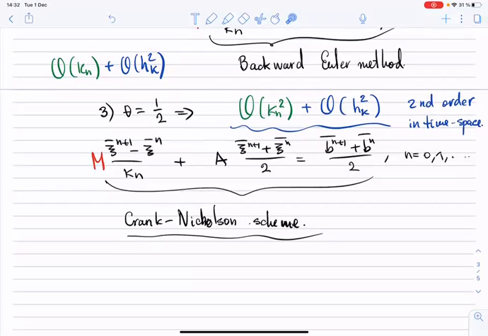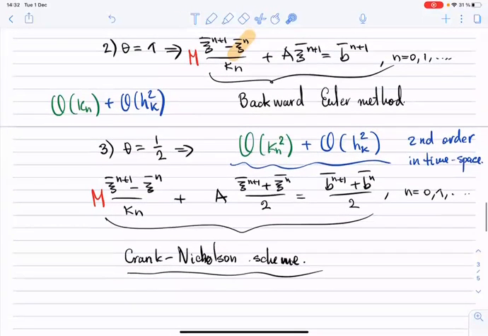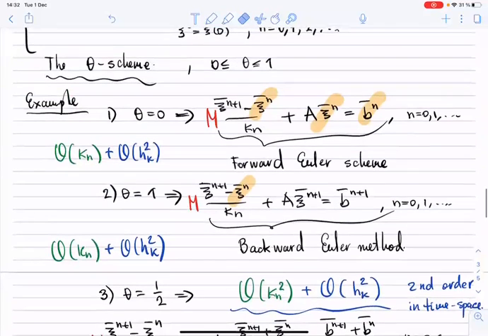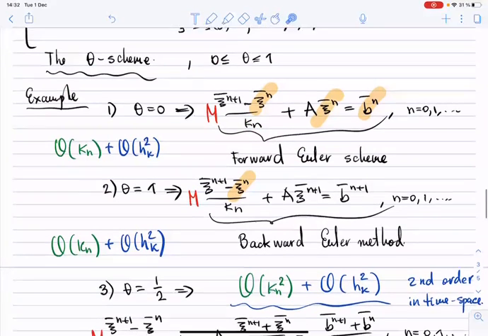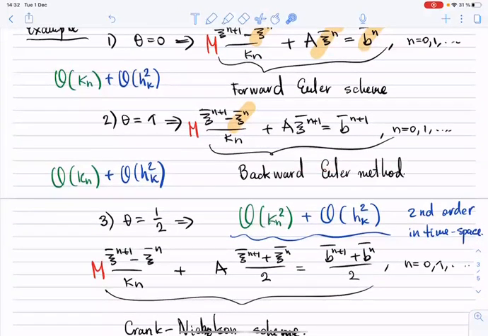So we are going to do stability estimate, I think, next time. And we can actually show that forward Euler will be conditionally stable. So you have to choose the time step small enough for the stability. Backward Euler will be always stable. It's an implicit scheme.